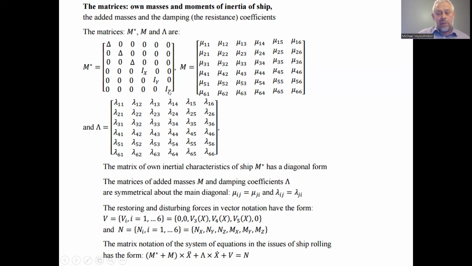And besides, we have the matrix of factors of the added masses of water. So how does this water environment impact the characteristics of inertia of the ship itself? And we have the factors indicated 1, 1, 1, 2, etc. The rows in the matrix and the columns 1, 2, 3, 4, 5, etc. So what is it?